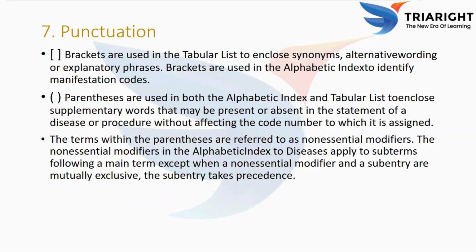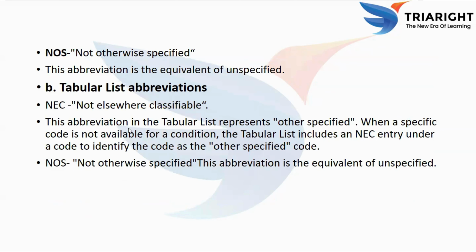Now coming to NOS. So what is NOS? Not otherwise specified. This not otherwise specified is equivalent to unspecified. It is used whenever the documentation does not provide enough information.